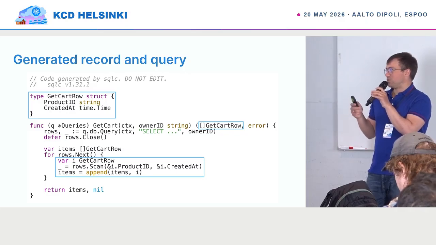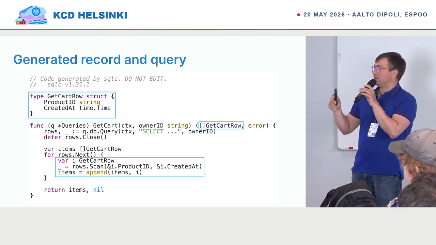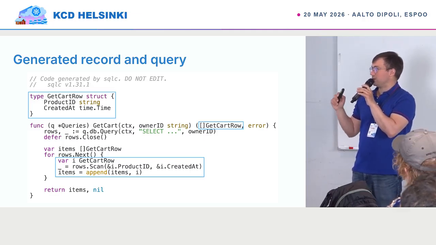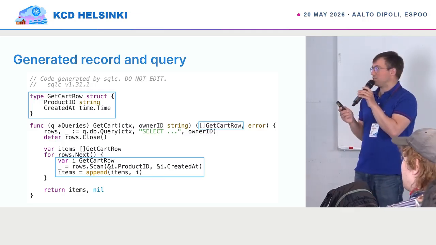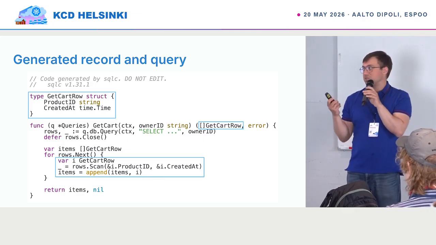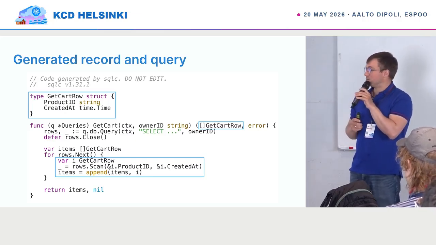It executes the query, does some housekeeping like closing some resources, then scans into that cart, and returns. So that generated code, getCart, can be used as a building block in our Go application to talk to Postgres.